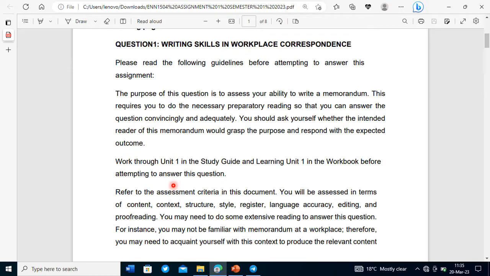Once you understand the purpose of it, they also want you to understand how to write a memorandum. Before we can start this assignment, you need to understand the purpose of a memorandum. Why should we write a memorandum?